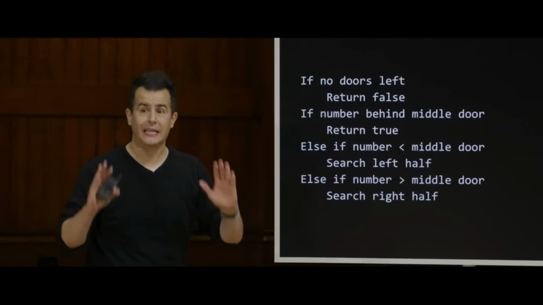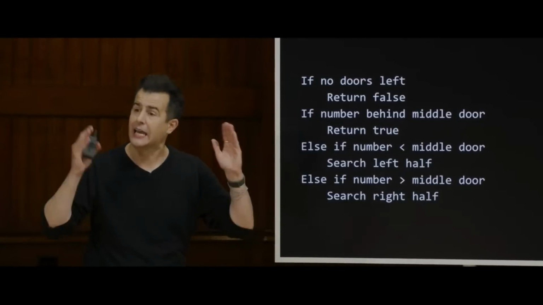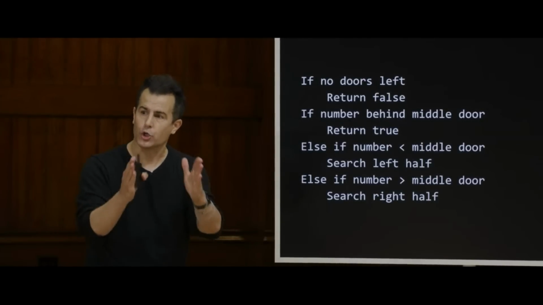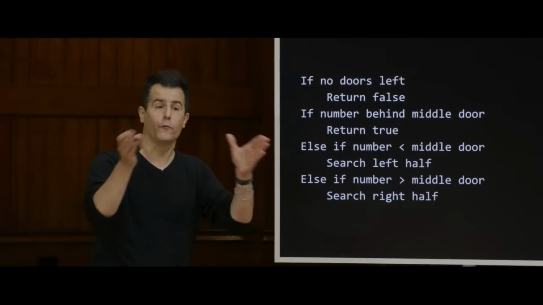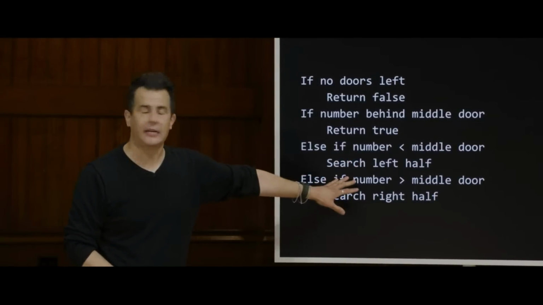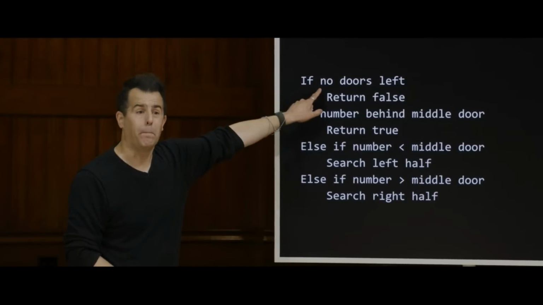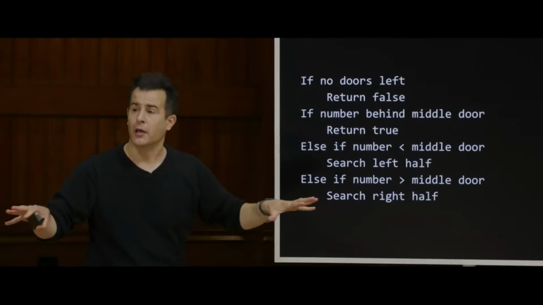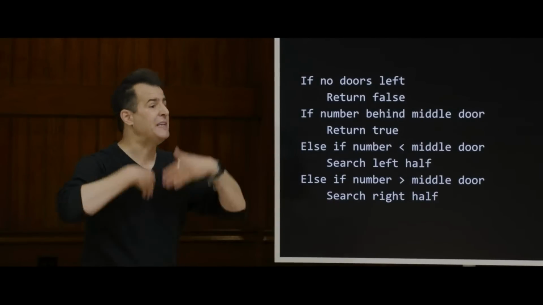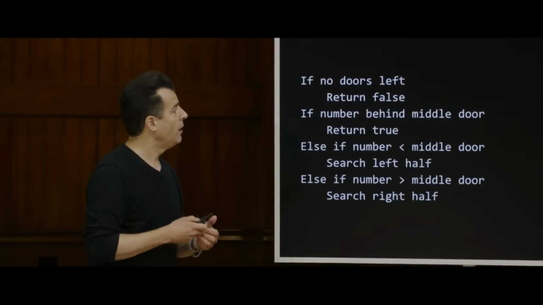So even though I'm doing the exact same thing algorithmically again and again, I'm doing it on a smaller input. Fewer doors, fewer people. And so even though I'm doing it again and again, so long as I have this so-called base case, as we'll call it, that just makes sure if there's no doors, you're done, I can break out of what would otherwise be an infinite loop of sorts.